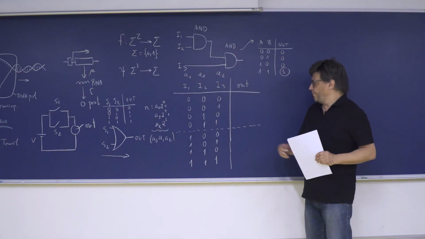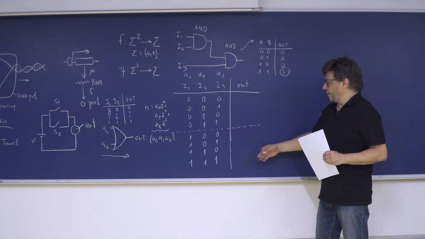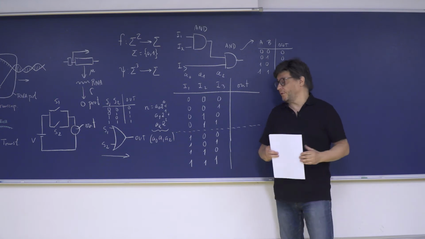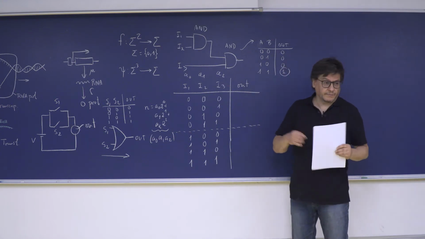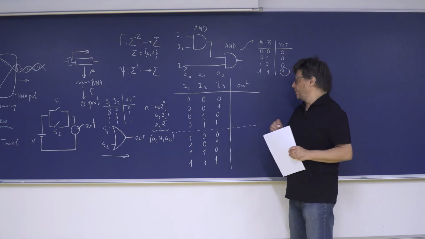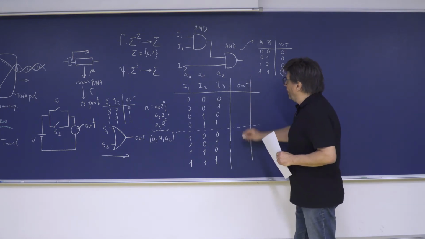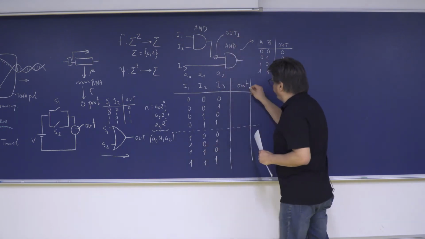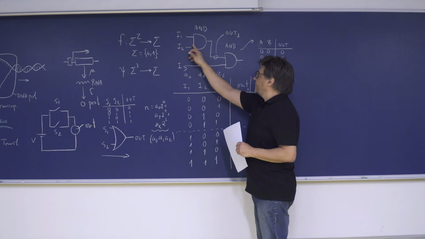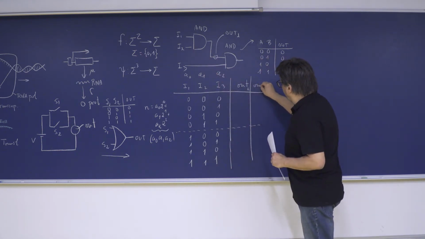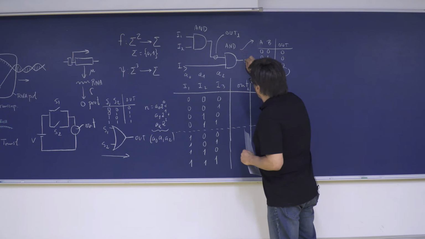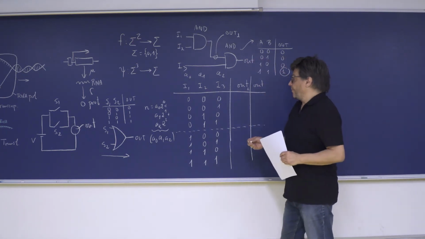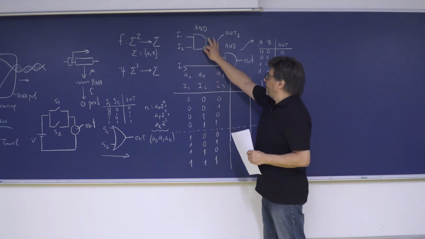Okay, so how can I now build this? Once you are more or less familiar, it's straightforward. One thing you can do, as an intermediate step to see how it works, is the following. Let's call this out 1, the output of this, and let's call out the final output. In this way, it will be very simple to see how it works. Everything that happens in each gate depends on the inputs.